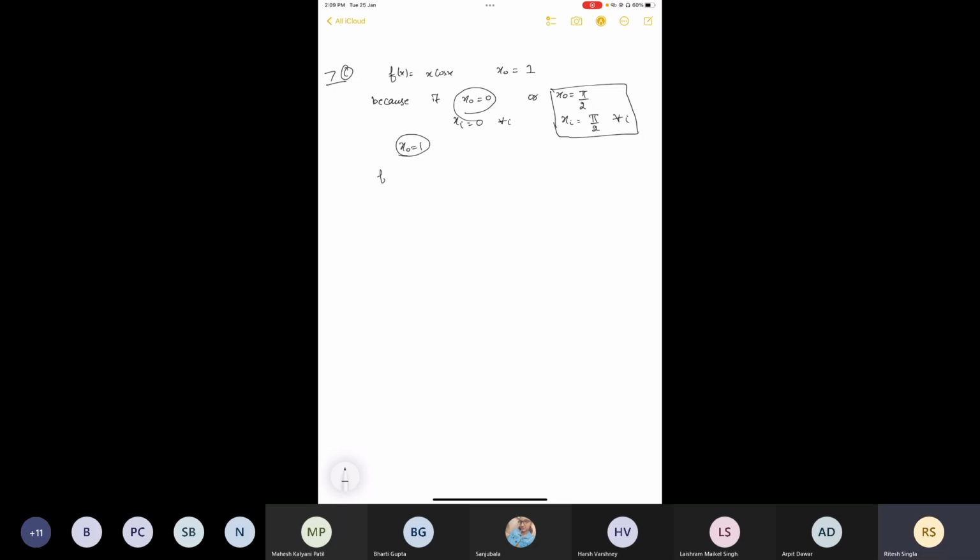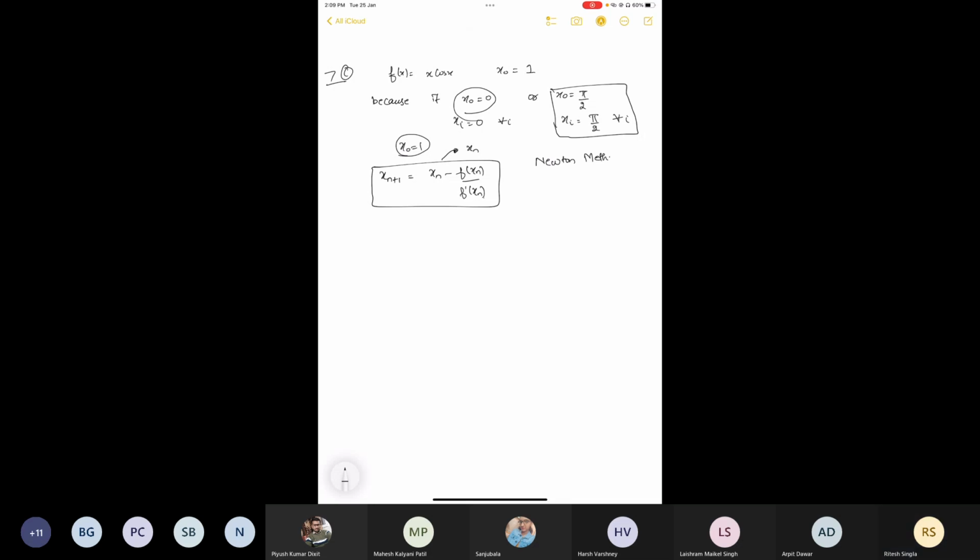So first of all, tell me what is the formula for Newton's method? How do we calculate the (n+1)th iteration if you are given the nth iteration? x n minus f(x n) divided by f dash x n. Right. Great. So first of all, we will need some prerequisite conditions to apply Newton's method.